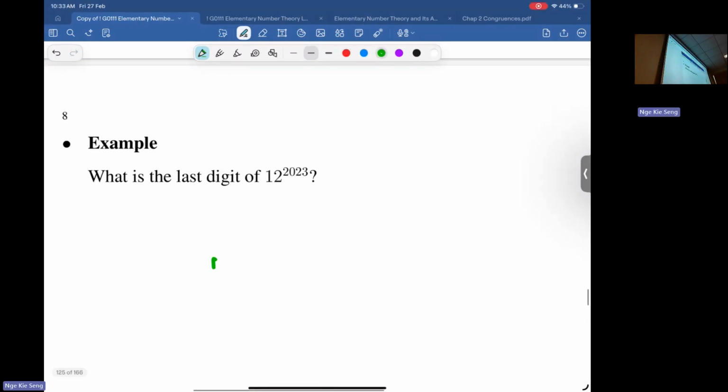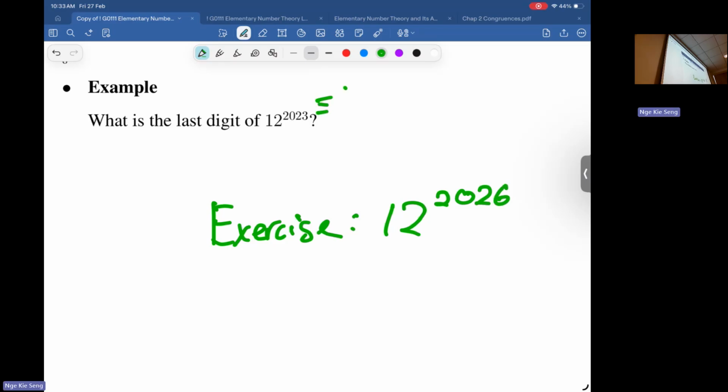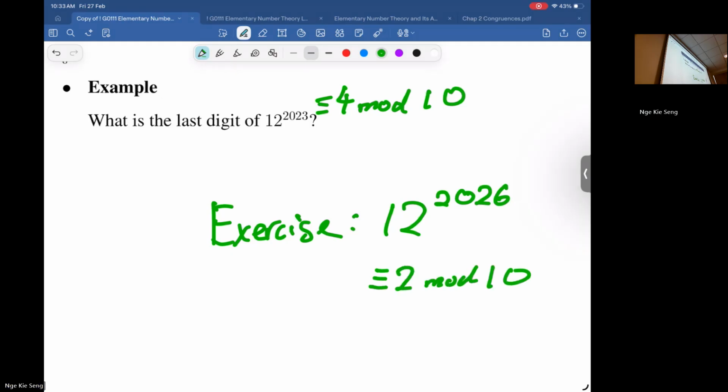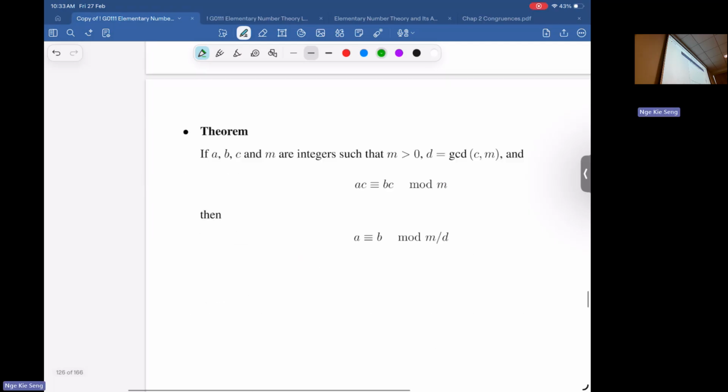So I'll just give you an exercise. Also exercise 12 to the 226. I think this one is 4 mod 10, and the other one is 2 mod 10. Okay, let's continue.